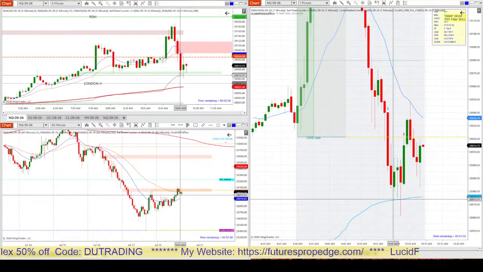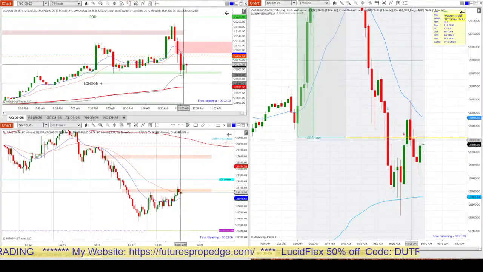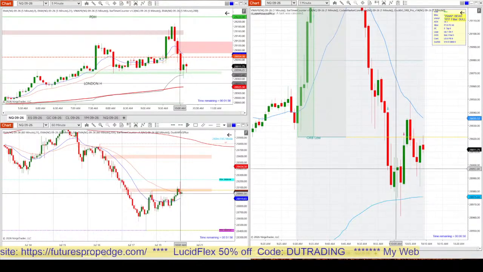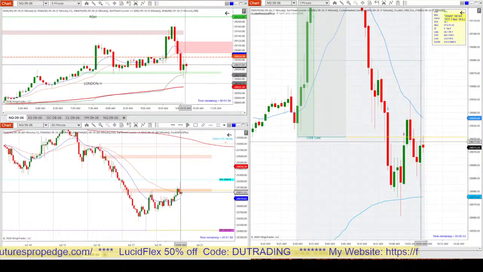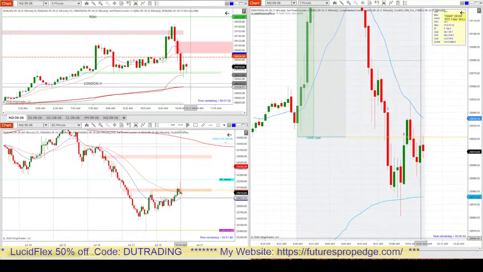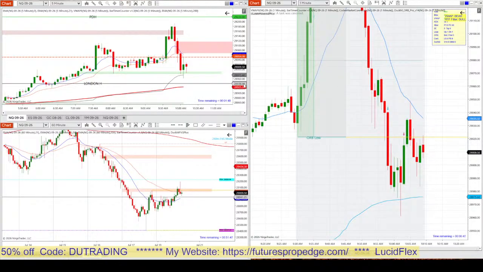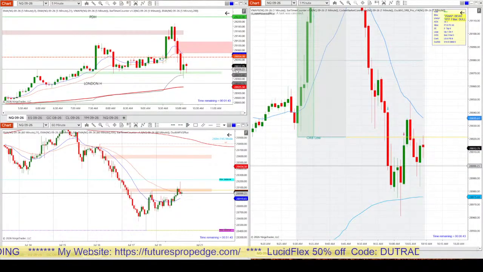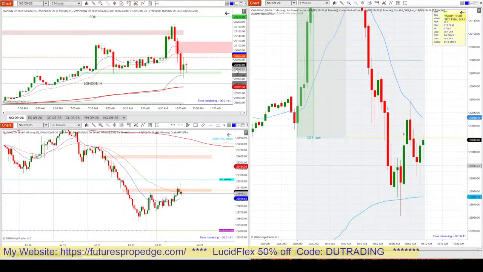Yeah, we're still messing around in it. Let's see if this one turns into a reversal. But it's a bad one because this candle created a long wick. Just gonna wait and see.